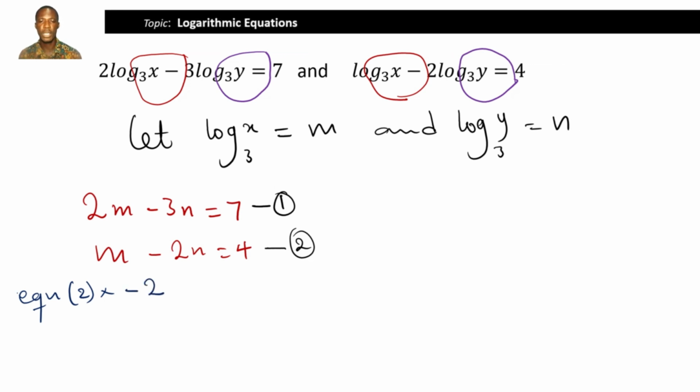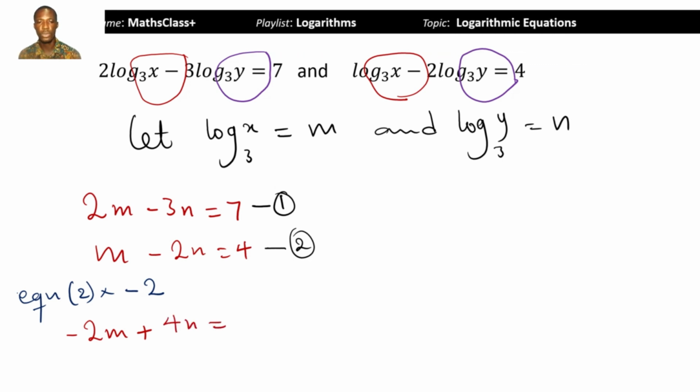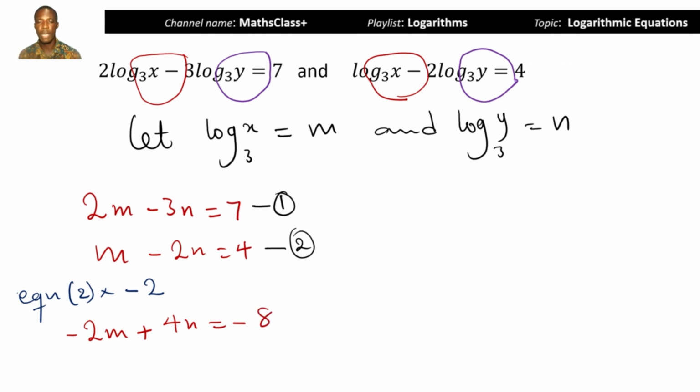So that gives me negative 2m plus 4n is equal to negative 8. So I'll label this as my equation 3. Then I'll continue by adding equation 1 to equation 3.